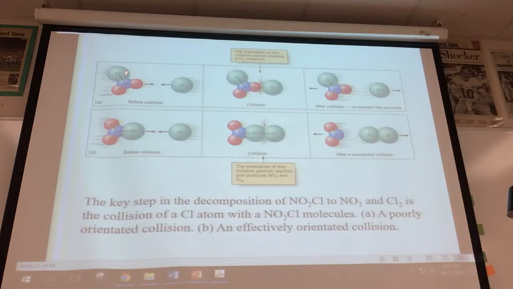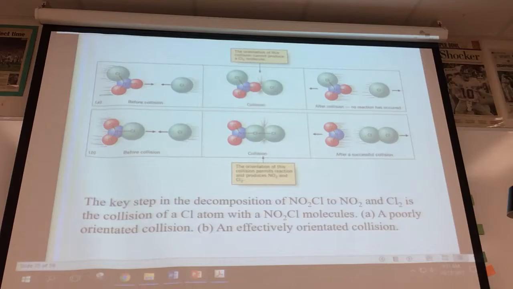So if we rotate this molecule 120 degrees, the chlorine atom will be here. Now the two can hit one another hard enough to overcome that activation energy barrier, and the two molecules are oriented properly such that the chlorine atoms hit one another, a bond will form between them, this bond will start to break, and now you're going to have a successful collision.